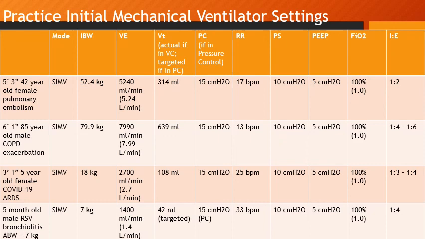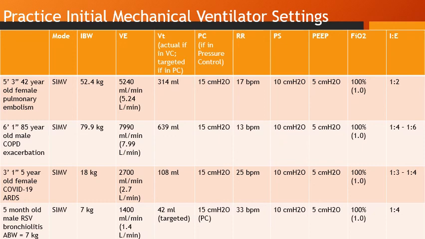Her ideal body weight, if we plug her height into our equation, comes out to 52.4 kilograms. And then if we multiply that by 100, we get 5,240 milliliters per minute, or 5.24 liters per minute for her minute ventilation.